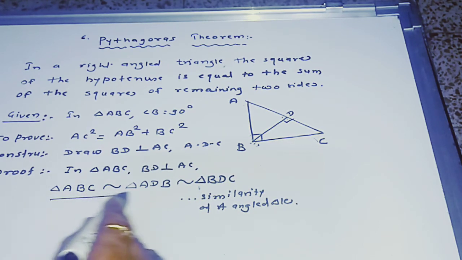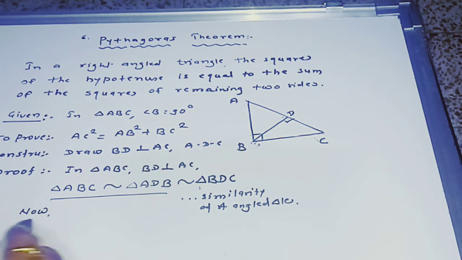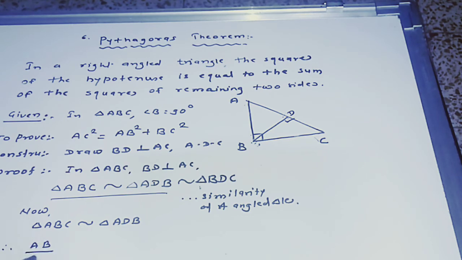Now considering first this pair. Since triangle ABC is similar to triangle ADB, what do we have? AB upon AD is equal to AC upon AB.